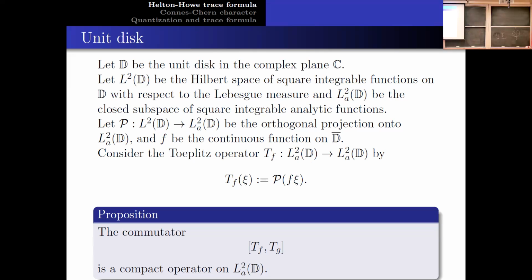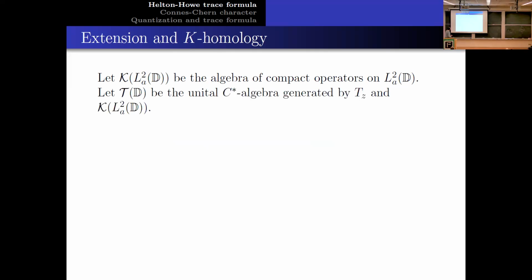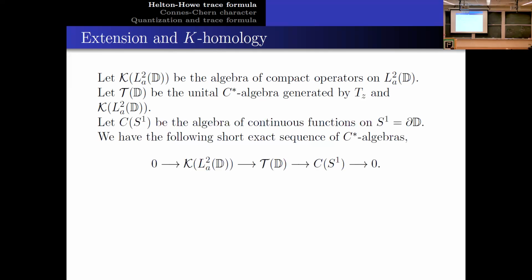This led to the great discovery of K-homology and extension theory. Let's briefly recall it. We have the compact operator algebra, and the C*-algebra generated by the Toeplitz operators and compact operators. We have the function algebra and the short exact sequence of C*-algebras.